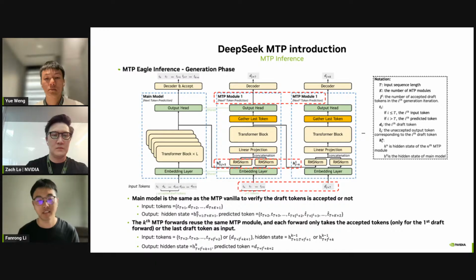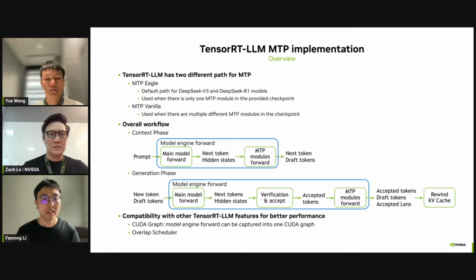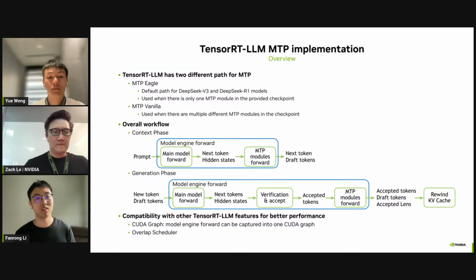So that's MTP inference and the difference between MTP vanilla and MTP Eagle, and then we will talk about how we implement MTP in TensorRT-LLM. In TensorRT-LLM, we support those 2 different paths, both MTP Eagle and MTP vanilla.